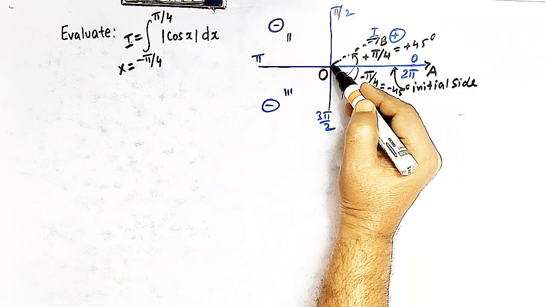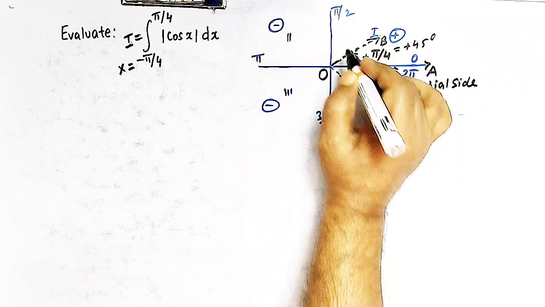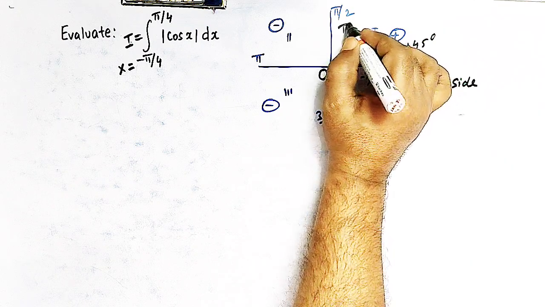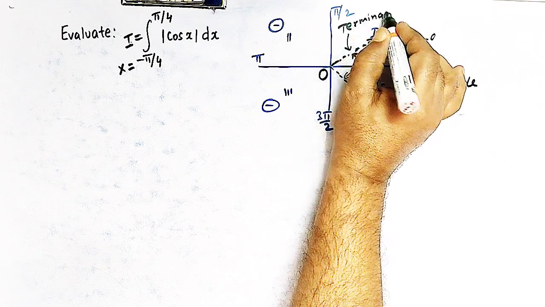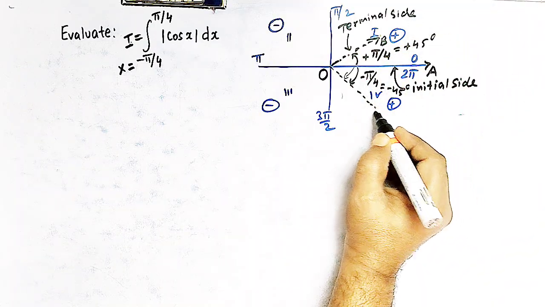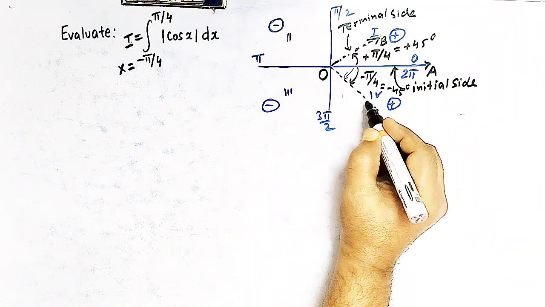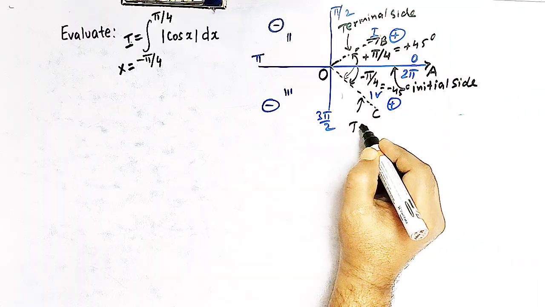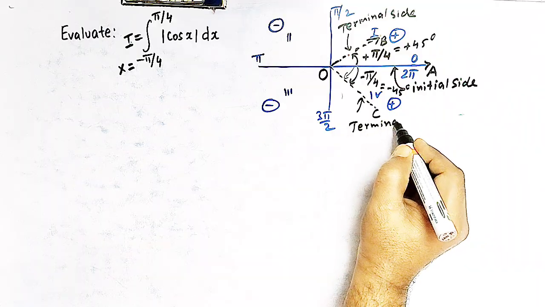So this side, that is OB, is known as terminal side, and similarly the side here we can take C. So OC is also the terminal side, right?